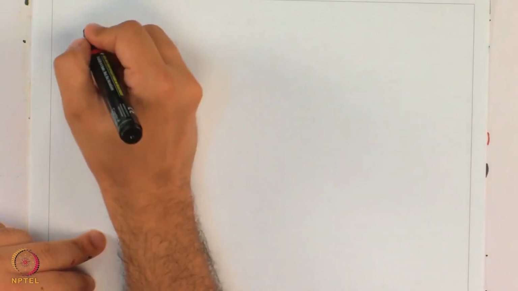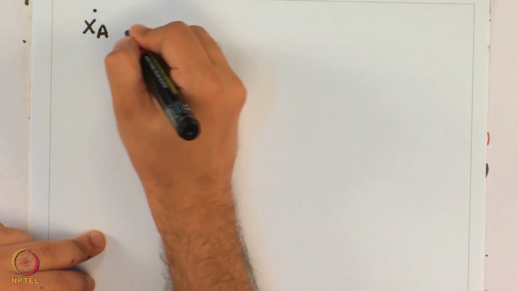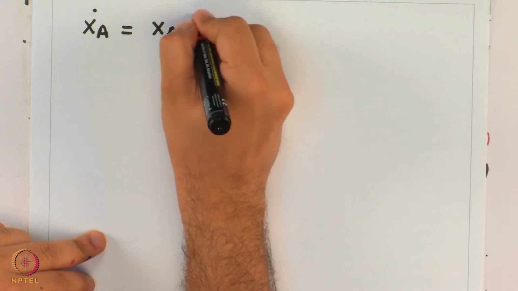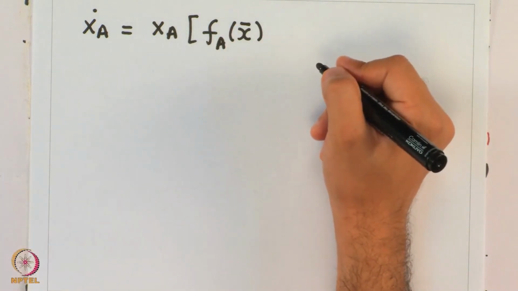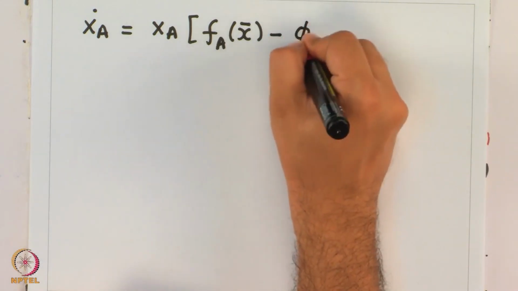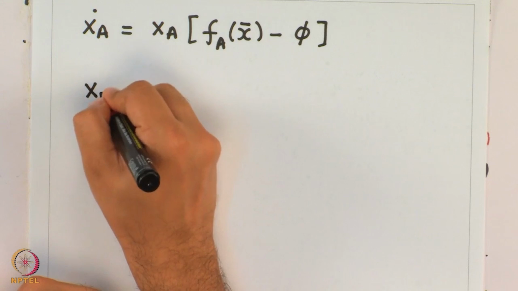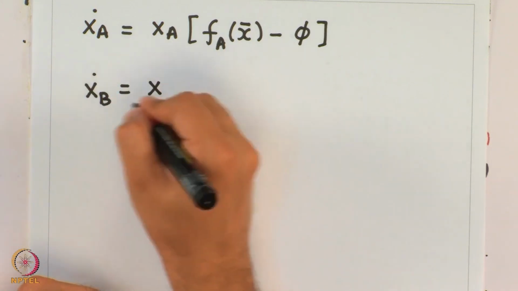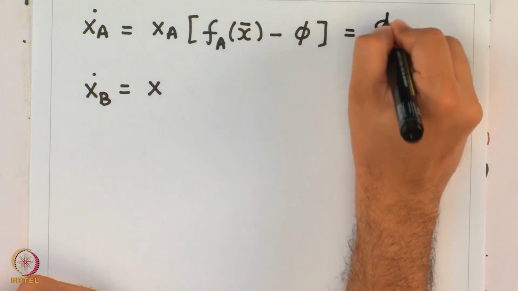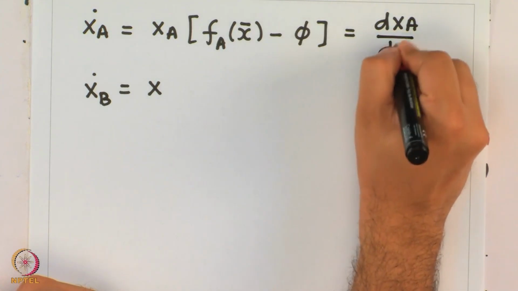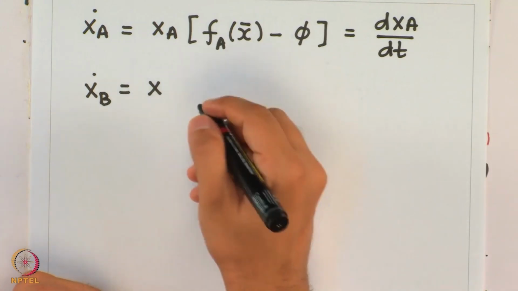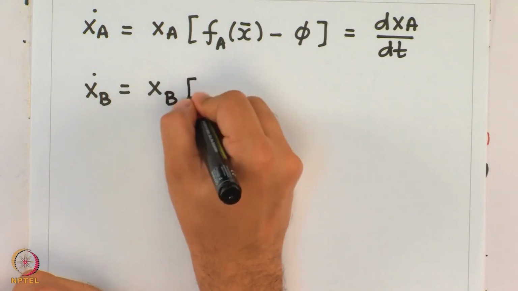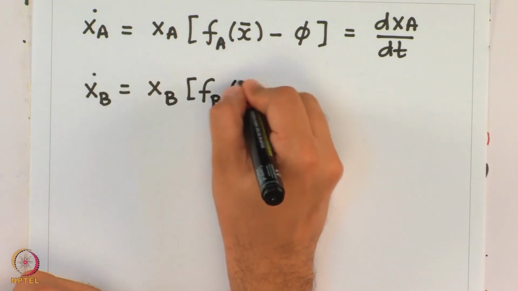So, if we have this, then we can write that x A dot is equal to x A times the fitness of genotype A, which is f A as a function of vector x, minus phi, and x B dot is equal to x B times f B of x minus phi. Here x A dot is just short for dx A by dt, the rate of change of the frequency of individuals belonging to genotype A, and x B dot is dx B by dt.